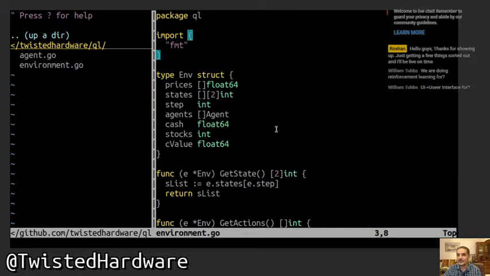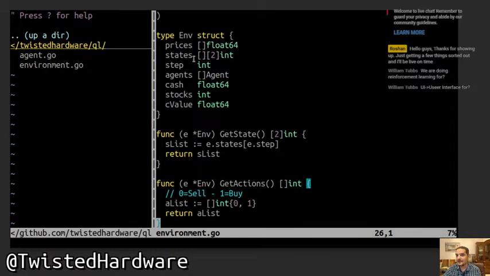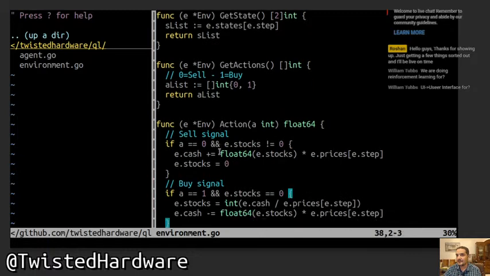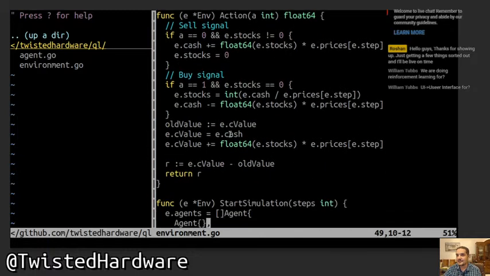Today we are focusing more on the environment part, getting the environment right. So we're getting the state part right, the actions, building the calculation of the action, calculating our value, and calculating our reward as we go.